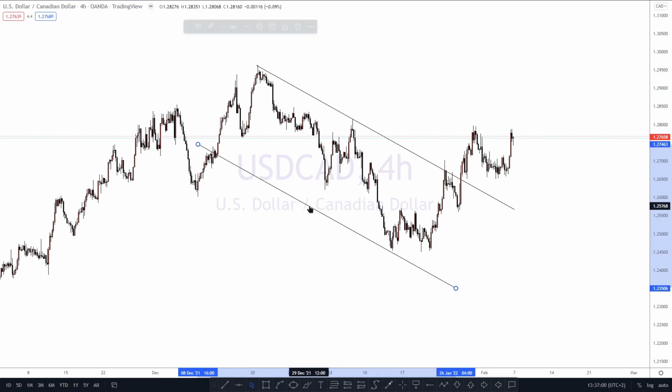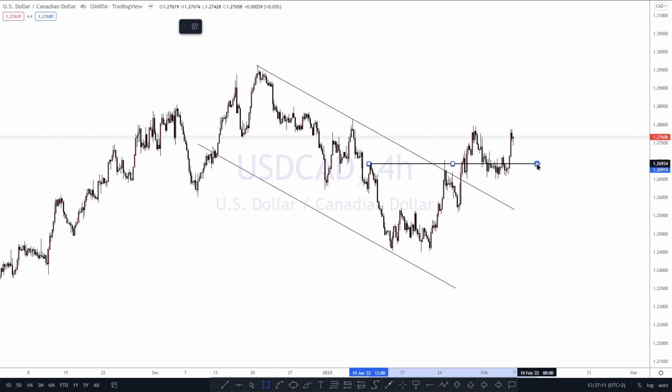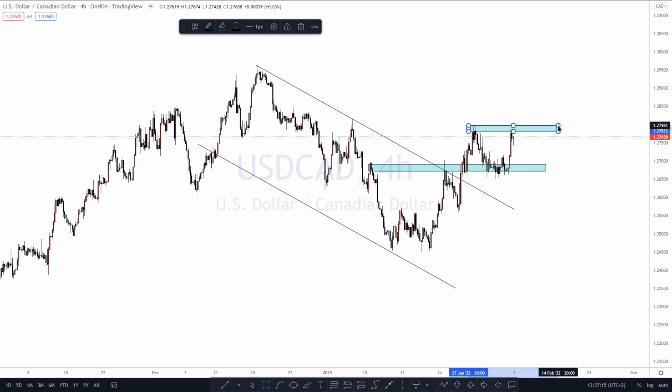So we had this, and price broke above, came back to retest, broke above. So now what we're anticipating, would love to see price breaking above this lower high, this high I meant to say, this high.